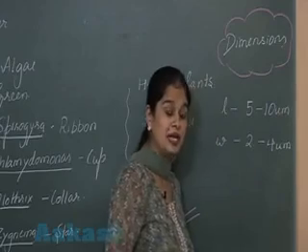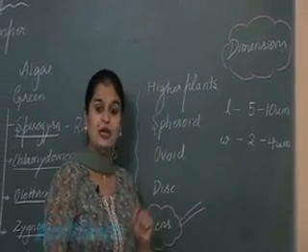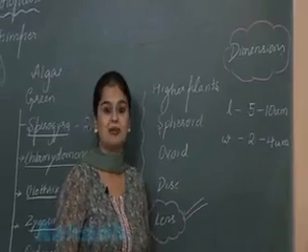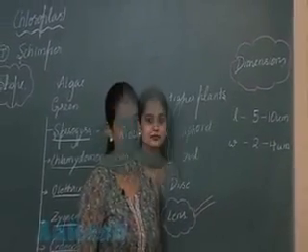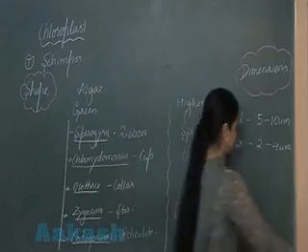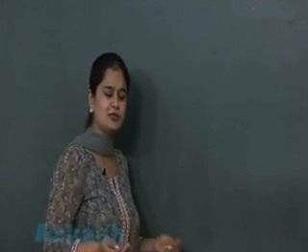So this is the range for the chloroplast with respect to the dimension. Now I will be discussing the ultrastructure of the chloroplast. I had discussed that in the chloroplast there is presence of two membranes. The envelope consists of two membranes.